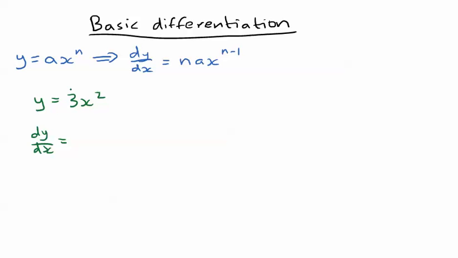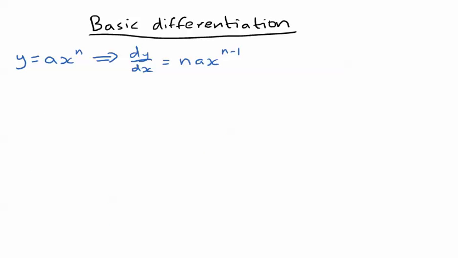So the 2 is going to jump down in front of the function, and then we're still multiplying by 3x, and the power of x is going to be reduced by 1, so to the power of 2 minus 1. So if we multiply this out, we've got 2 times 3 is 6, and x, and then we've got 2 minus 1 in the power, which is x to the power of 1, and 6x to the power of 1 is just the same as 6x.